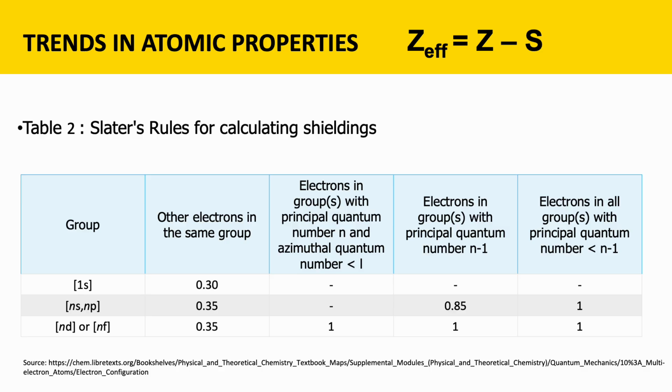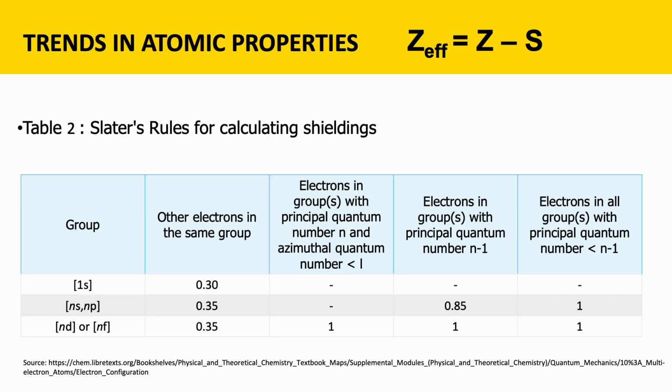Your shielding constant can actually be calculated if you know the specific electron of interest. So if your specific interest is 1s, then the other electrons in the atom would have a 0.30 value, and electrons having n minus 1 or lesser, so let's say n minus 2, would have no value in your shielding, because they are at the back.